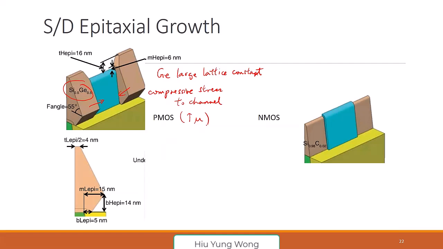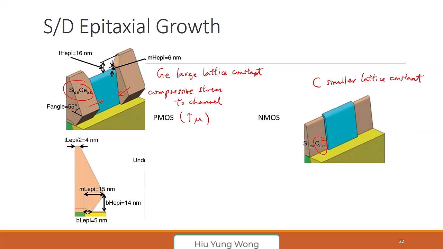In NMOS, opposite, we put carbon, right? Why? Because carbon has a smaller lattice constant. Then what will happen? Anyone? If I make a smaller lattice constant in the source drain, what will happen to the channel? When I have a big thing at the source and drain, I compress the channel.